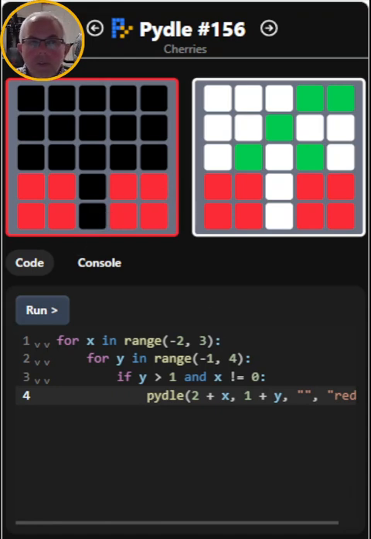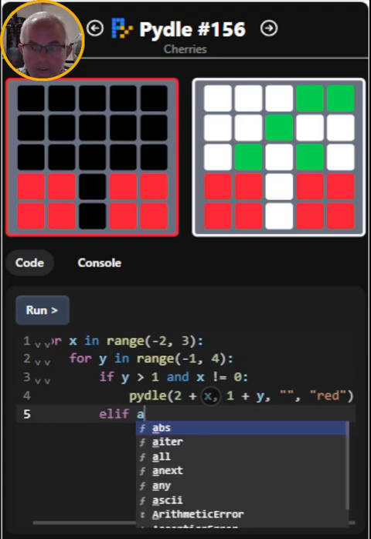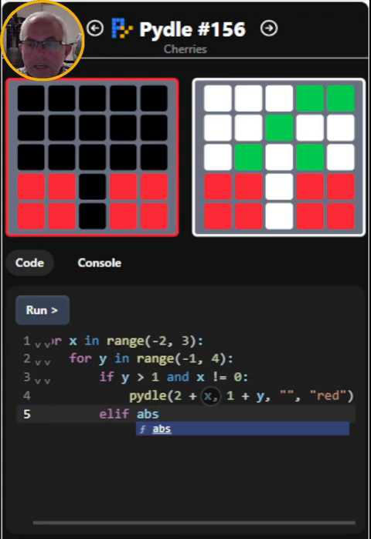So for the greens, we're going to do elif. So we can say absolute value of x equals y, and so that will deal with these ones, and then we just have these 2 at the top, which will need a special condition.